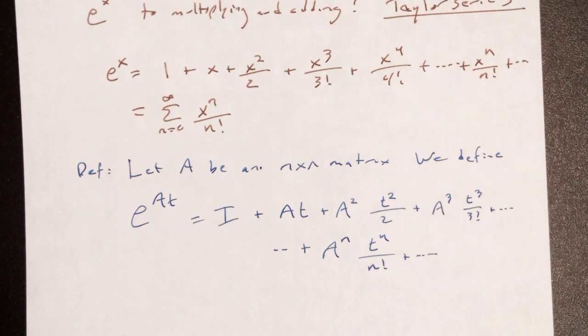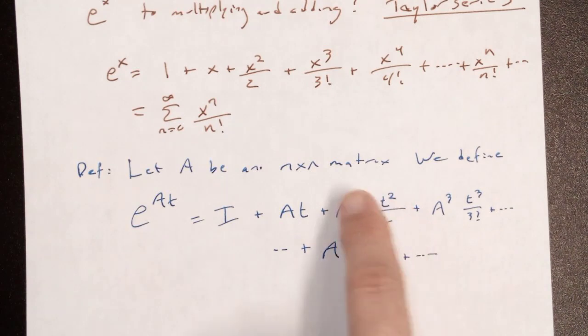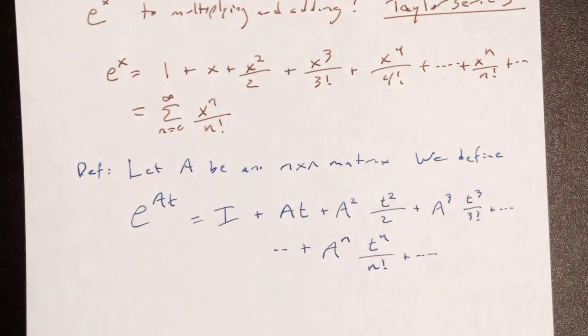But A raised to the 0 power should be 1, so I'll use the identity matrix here. And then I'll have A to the first and t where I had x, and I'll have A squared times t squared over 2. A squared is a coefficient, right? I can just think of this as taking powers of the matrix A, because I can take any matrix and raise it to any power I like.